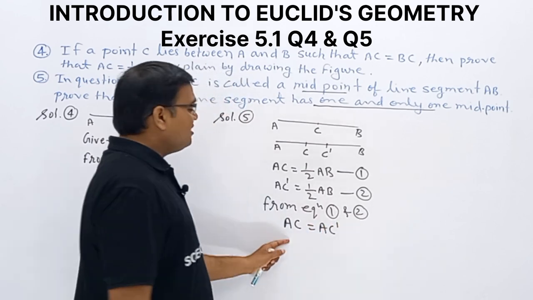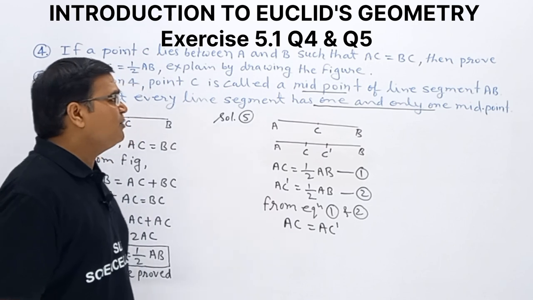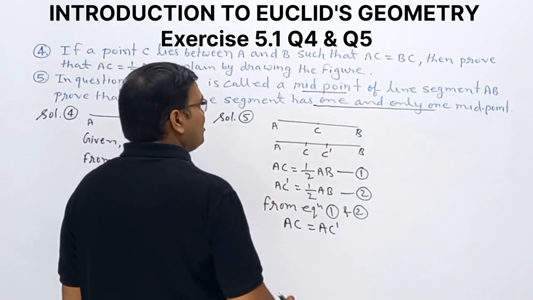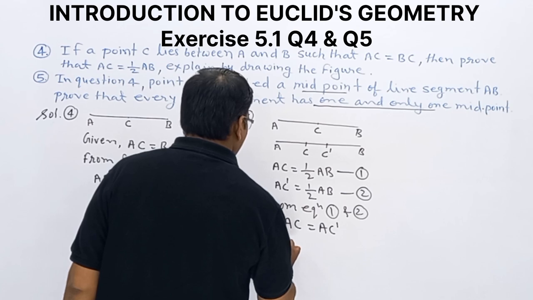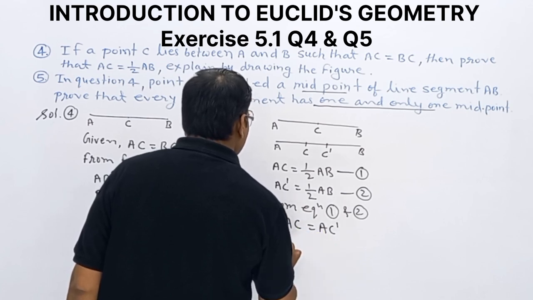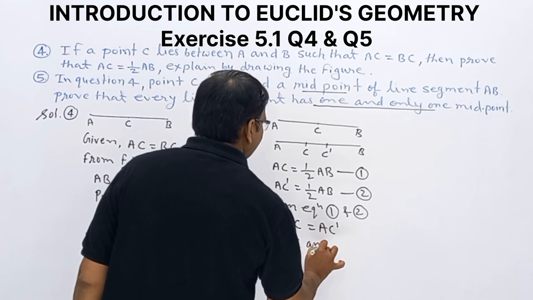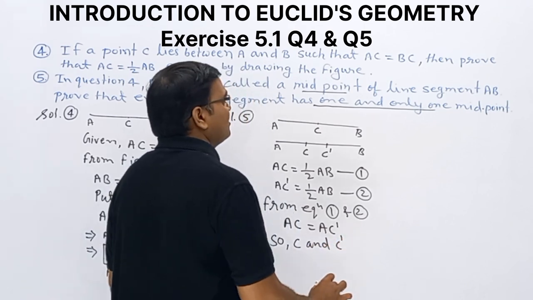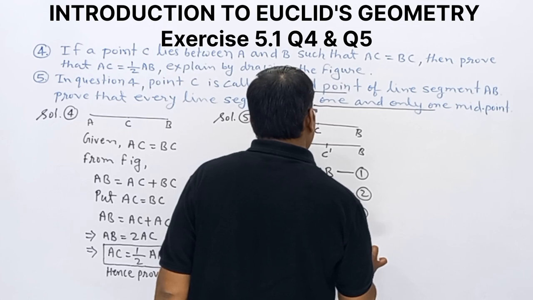If AC equals AC dash, it means C and C dash coincide.